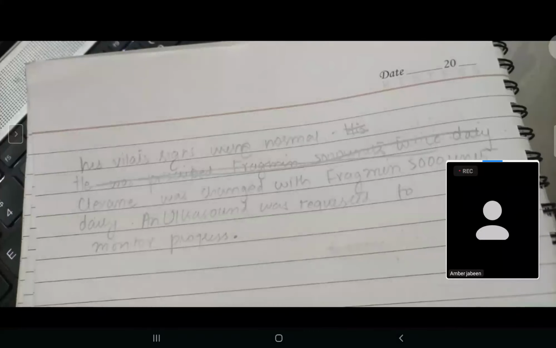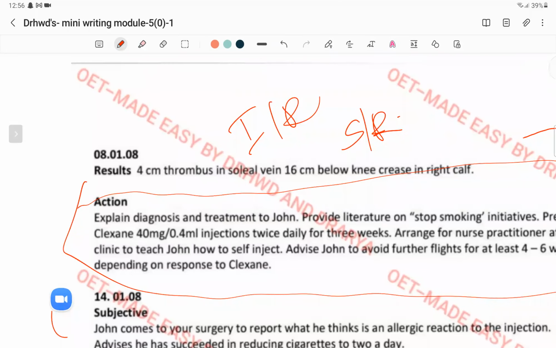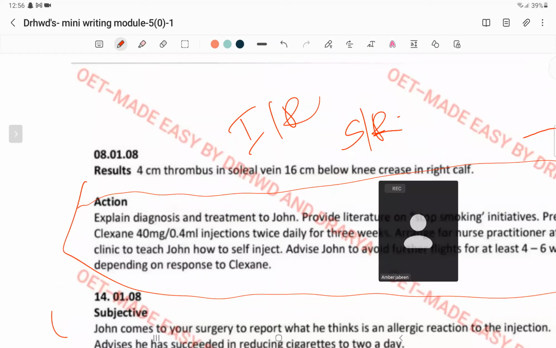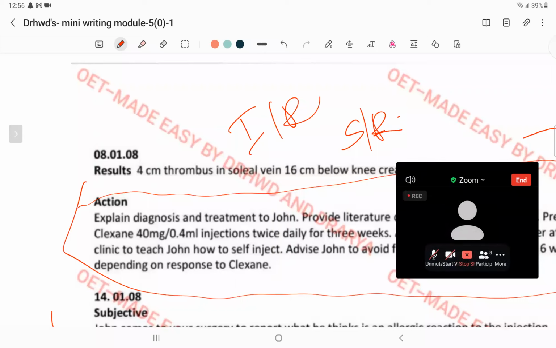I have a question. Should it be Clexane was changed with fragment or Clexane was changed to fragment? What do you think is correct? I think with is fine. Please tell me what is correct.